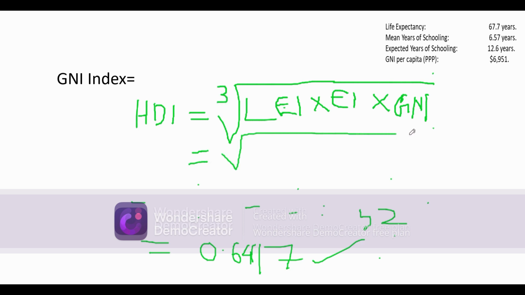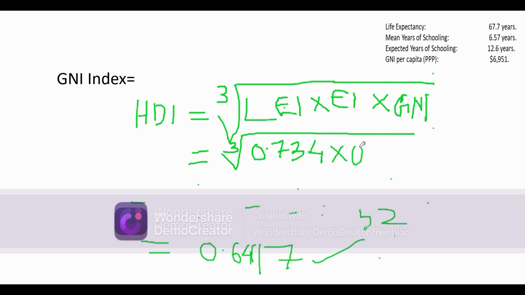Now we have to put all the values that we have estimated so far for LEI, EI and GNI. What is the value for the LEI? The value was 0.734. And what is the value that we got from EI?